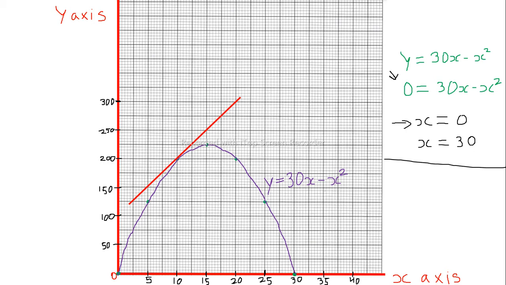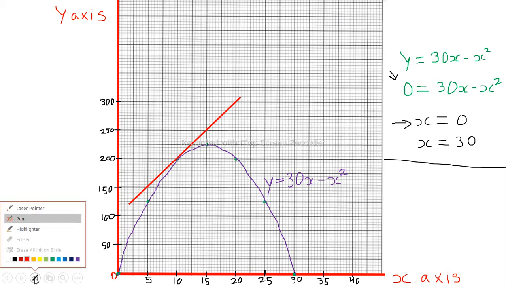Okay, so with that being said, all we need to do is determine rise over run. This is going to be easy, rise over run. Because we want to figure out what the slope is, it's going to be rise over run.